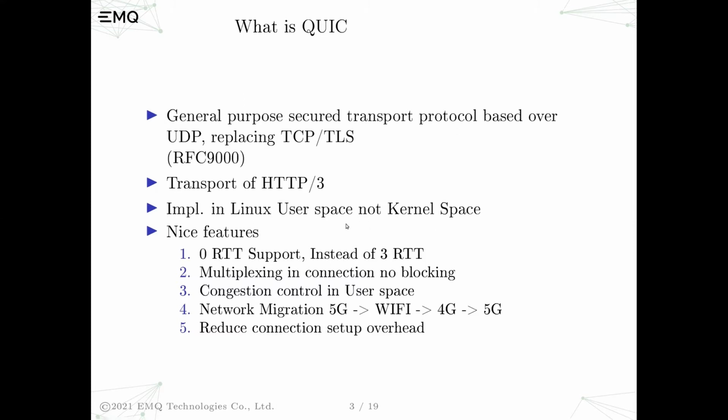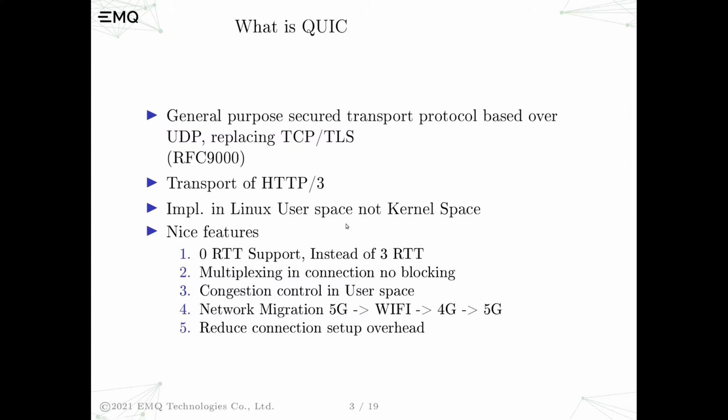The first one is it can support 0 RTT instead of 3 RTT in TCP TLS. And it has multiplexing in connections with multiple streams, so there's no blocking between those streams. It provides congestion control and flow control in user space, so the application can be more flexible to control the flow as it needs.